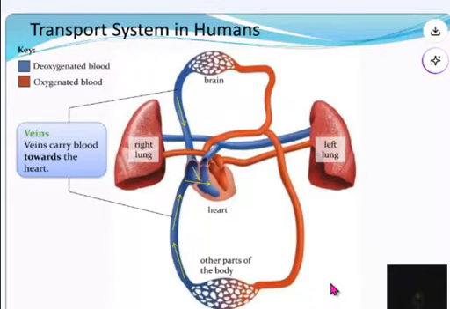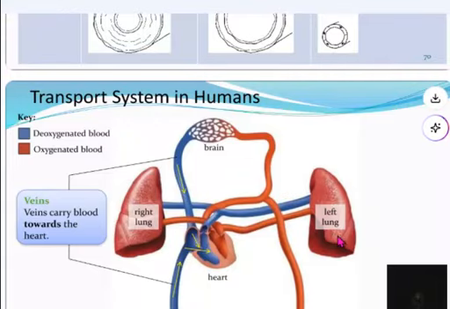So this is a bigger picture. This is the left lung, right lung. This is the vein, carrying blood toward the heart. You can see the arrow. Why is the blood going towards the heart?